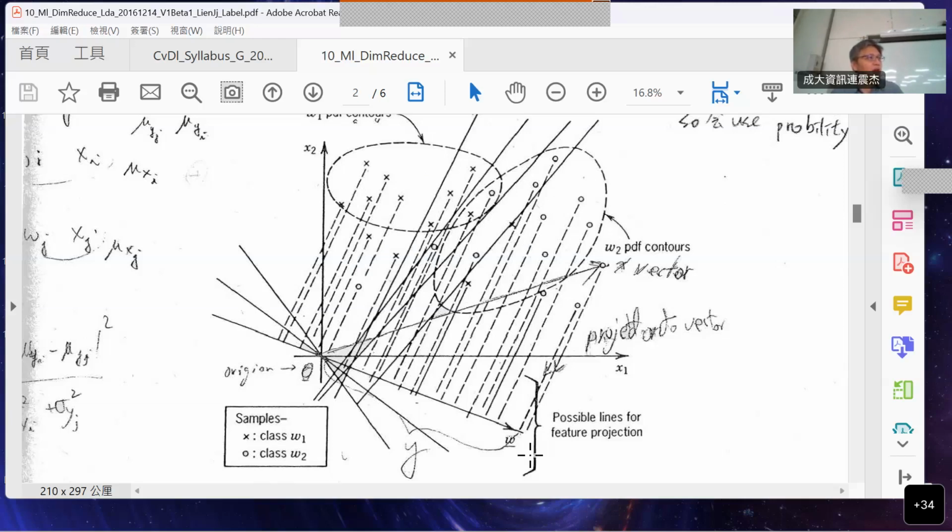So LDA, after you do PCA can reduce the sample dimension from very high to very low. LDA only reduces probably from 2 to 1, 3 to 2. Okay, so in this example, each point is 2D, so we project to here.